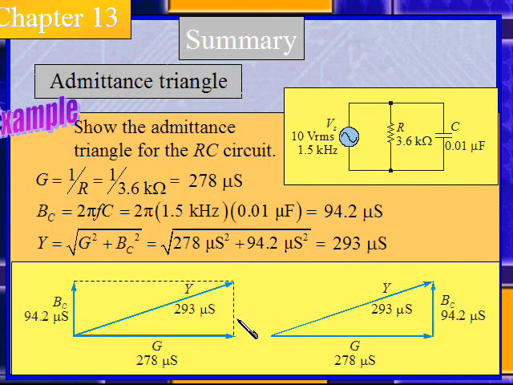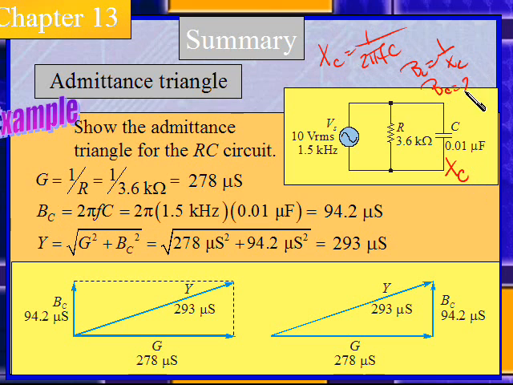So here we have the resistance is 3600, capacitor is 0.01 micro. You still need to find XC here. So all they did here was they said that since XC is 1 over 2 pi FC and BC is 1 over XC, you can therefore say BC is just 2 pi FC.